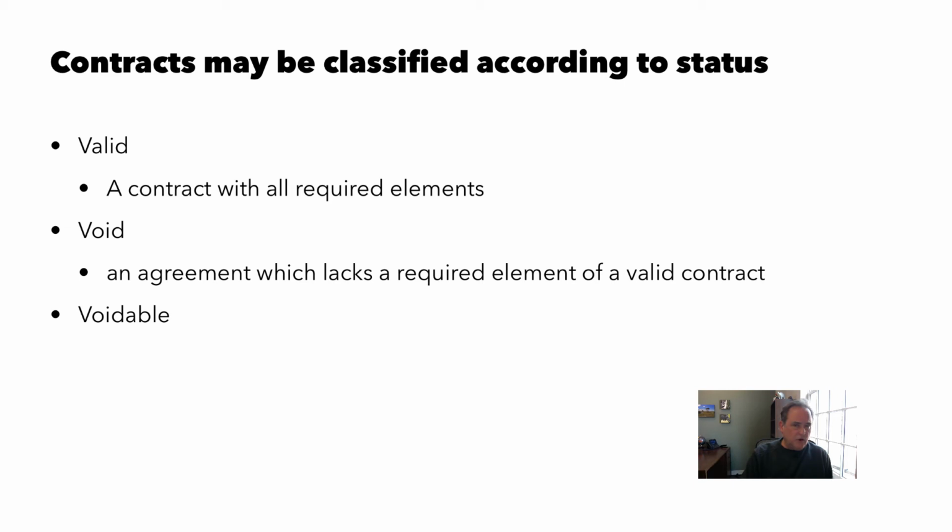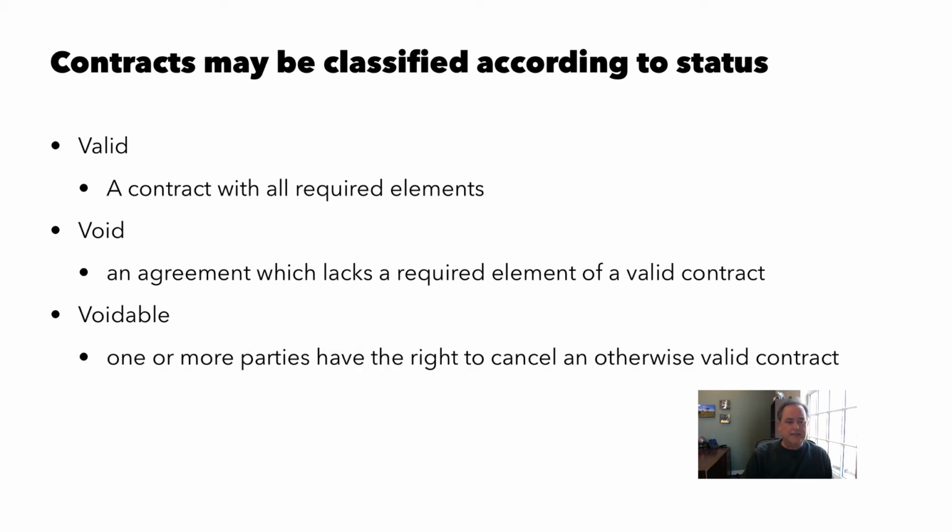Voidable is a little harder to understand. Essentially, what voidable says is that one of the parties may have the right to cancel a contract that would otherwise be valid. So we may have a contract in which it would be an injustice for one party to walk away from their obligations under the contract.